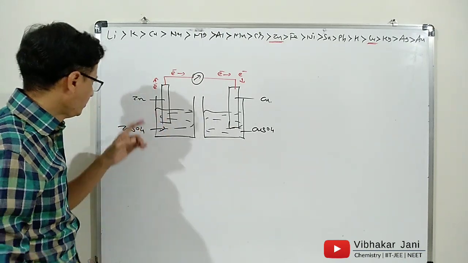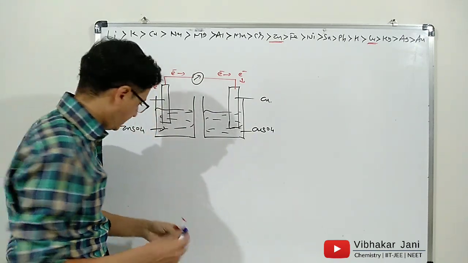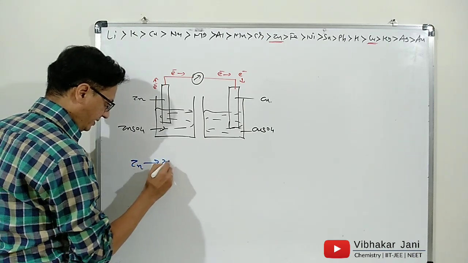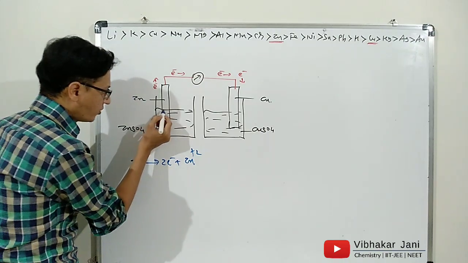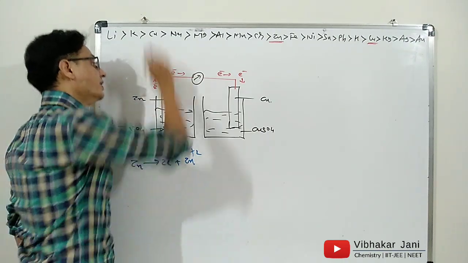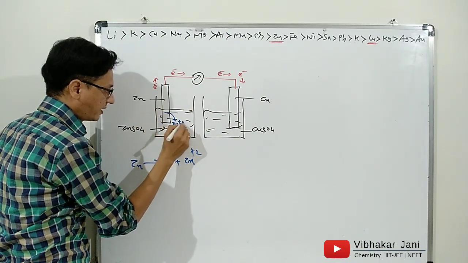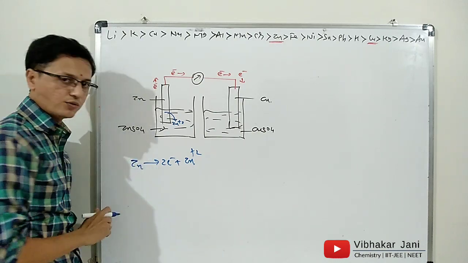First of all, as I told you, zinc being more reactive releases electrons, that means here zinc releases 2 electrons and becomes Zn+2. One of the zinc atoms releases 2 electrons to the outer circuit and becomes Zn+2 and goes into the aqueous solution of ZnSO4.